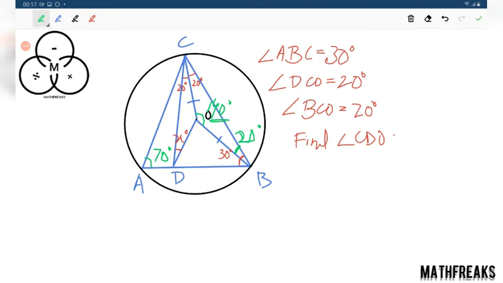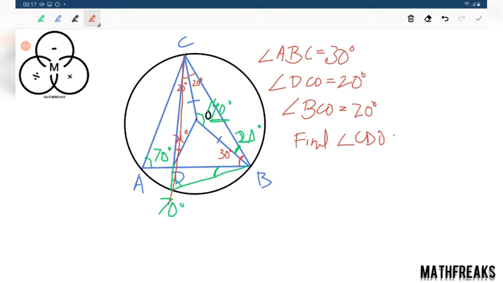Let me try to extend it. This will also be 70 degrees. Why is this 70 degrees?